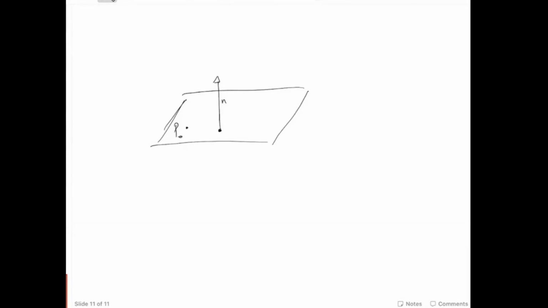So for any other vector that we define with P0, P, X0, Y0, Z0, X, Y, Z, this normal vector will be perpendicular to all the vectors lying in the plane.